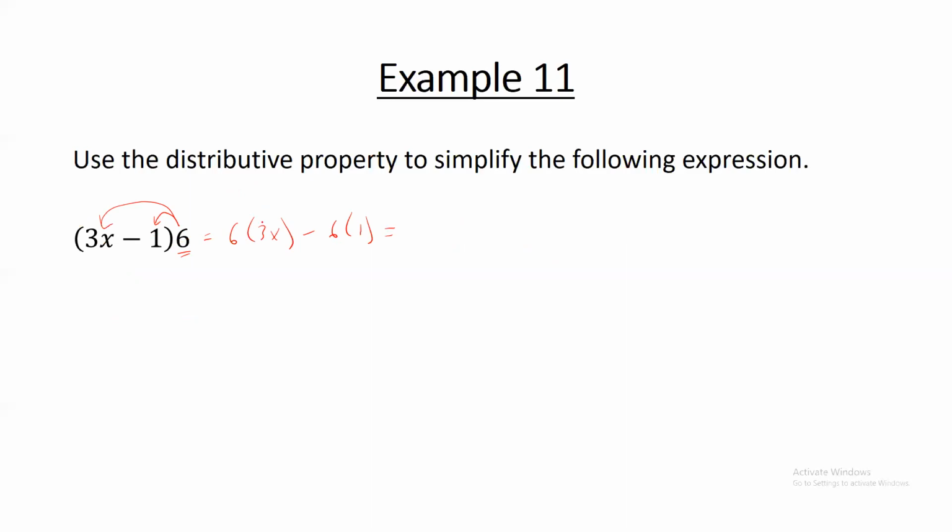And remember, I can multiply 6 by 3 here. That will give me 18x. The x is still there. Minus 6 times 1 is 6. Final answer, 18x minus 6. Again, the same thing as the previous example, only this time we had a subtraction, which is perfectly fine because I am allowed to distribute multiplication over subtraction.